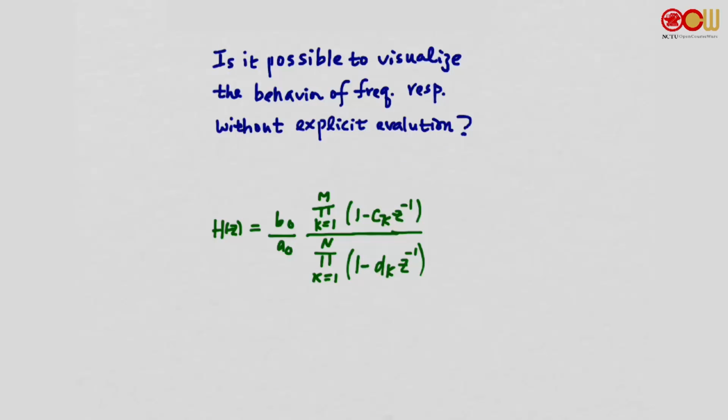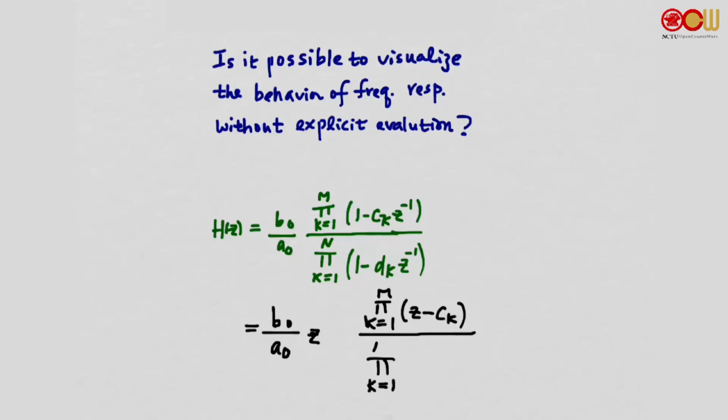Let's go back to the factorization form of H(z), like this equation. Let's multiply some z to the numerator and denominator so that the factorization is given in terms of z rather than z inverse. On top we have the product of z minus ck, and at the bottom we have the product for k from 1 to N of z minus dk.